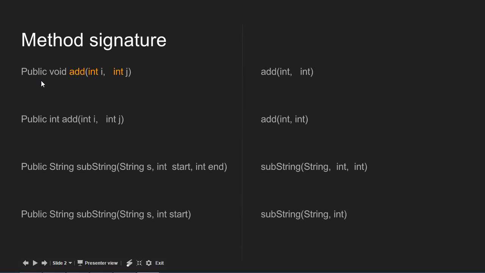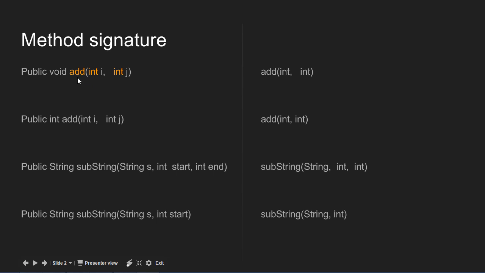Here we have a method called public void add(int i, int j). Here public is the access modifier, void is the return type, add is the method name, and we have two input parameters of type integer. So this is the actual method. The method signature for this particular method is add(int, int).